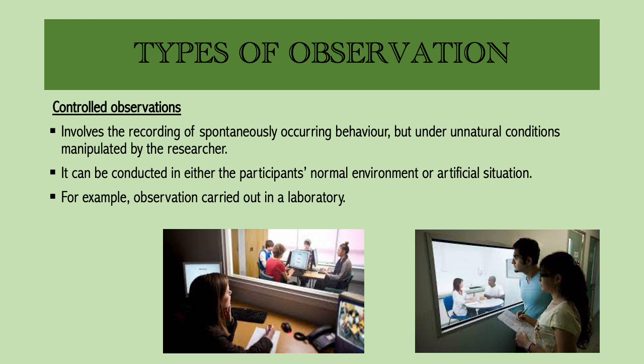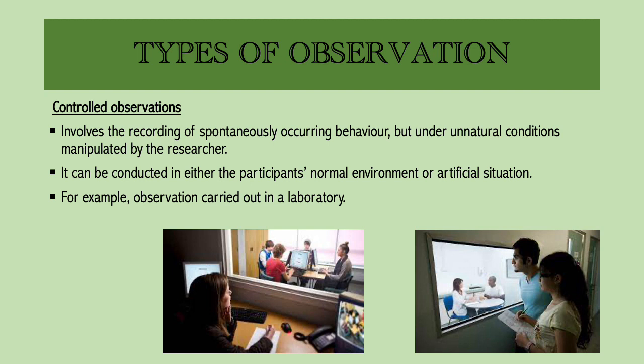Now, next one is controlled observation. This is from the word itself, it's controlled. Okay, let's go through the definition. It's still the same definition from the beginning. Involve the recording of spontaneously occurring behavior, but the difference is it was done under unnatural condition manipulated by the researcher.